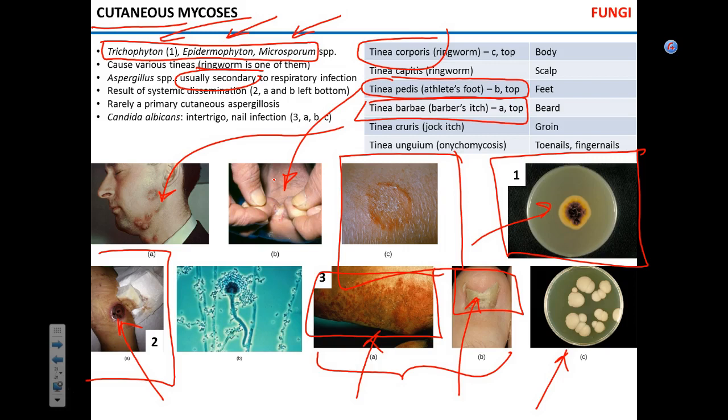Now, all these conditions can be fairly easily treated. We have a lot of drugs, azole-based, griseofulvin-based. It's perfectly fine. One of the greatest stories about the treatment of athlete's foot comes from a great musician and a great doctor called Ozzy Osbourne.